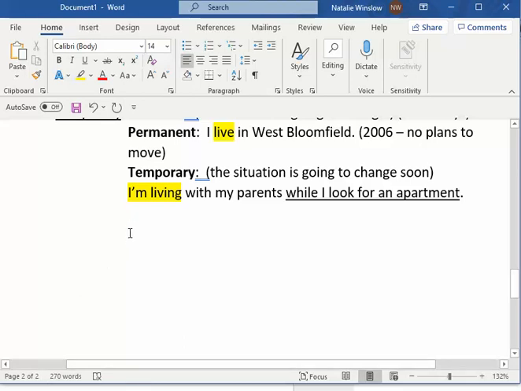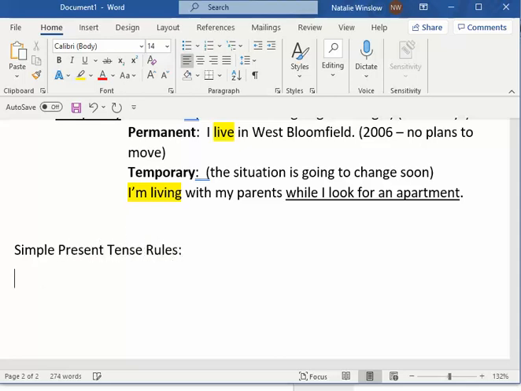So, let's see. Just a quick review of rules for the simple present tense. Well, we use it for facts, truths, and habits.